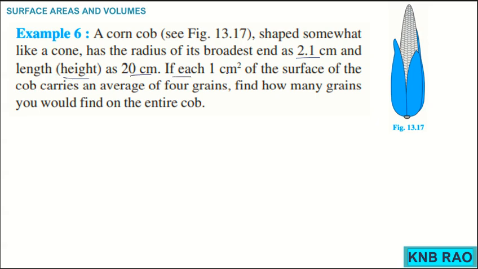If each 1 centimeter square of the surface of the cob carries an average of 4 grains, how many grains would you find on the entire cob approximately?